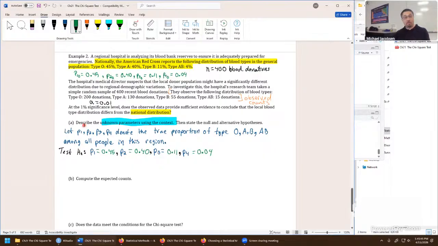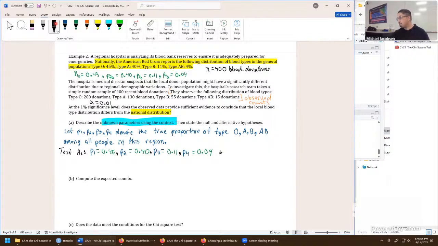So again, once we say what the parameters are, join them with a hypothesized value. The null hypothesis is just hypothesizing there's no change. Even if we're in this specific region, it's the same as the national demographic with respect to blood types. So null hypothesis, statement of no difference, nothing's going on.